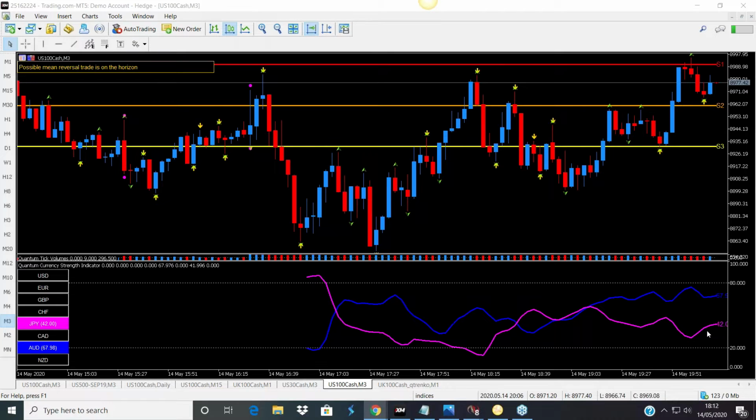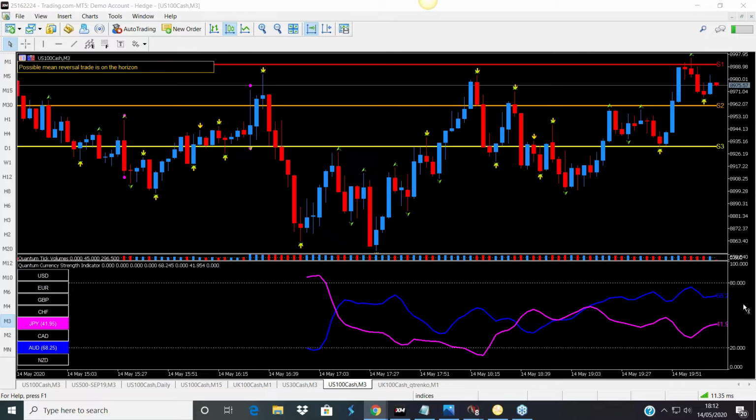So basically, if I am seeing the Aussie moving higher and the Yen moving lower, that is telling me that the indices are moving up as well, because the Aussie is also a proxy for risk. If the Aussie is being bought, then we know that the market sentiment is positive, and everyone's very happy out there in the market.